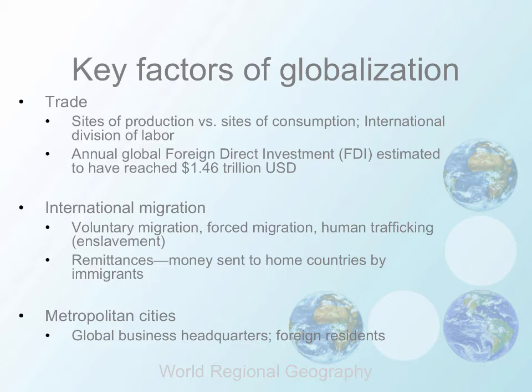So in addition to the movement of goods and of wealth, there's also the movement of people. And so I hope that you're able to distinguish now and put into context in different regions concepts including voluntary migration, forced migration, human trafficking, and then also how the flows of people are also related to the flows of money through processes including remittances. And finally, I hope you recognize that globalization has globalized cities throughout the world.